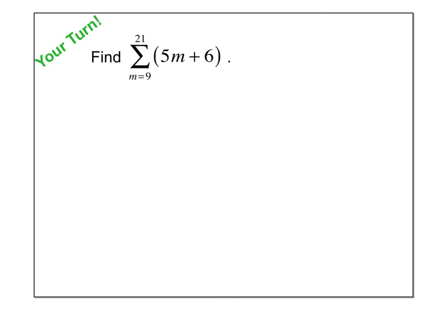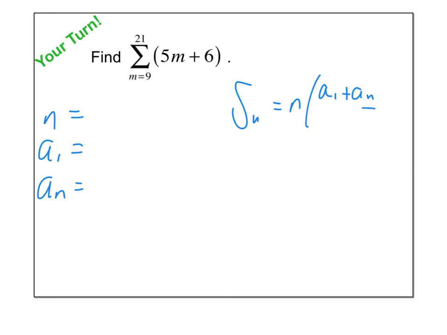Okay, so just like the previous example, we need 3 things. We need n, a sub 1, and a sub n to figure out what the partial sum is of these n terms. So how many terms are there? We said it was 21, top number minus bottom, but remember to add it back in.